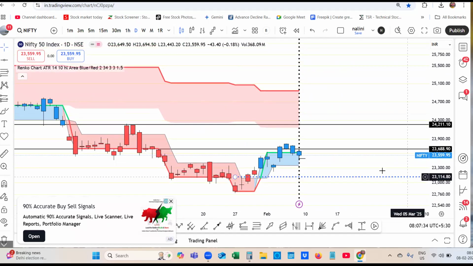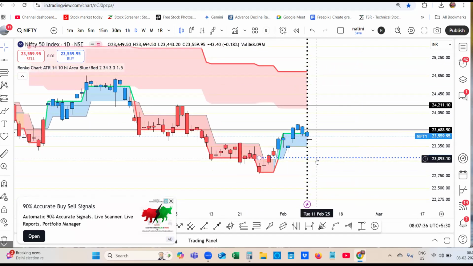So, in a shorter period, the trend is up from 23,111. You need to mark it out till that time. Suppose you have taken a futures position in Nifty, thinking that the market is going up, you can hold your position by keeping the stop loss down, and your take profit levels are 24,000, 24,142.